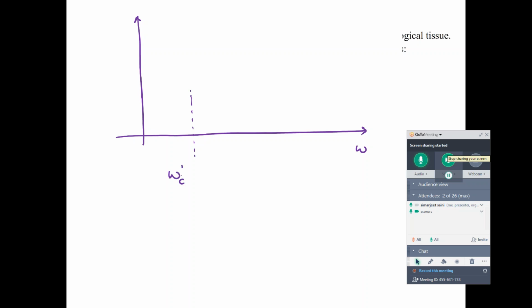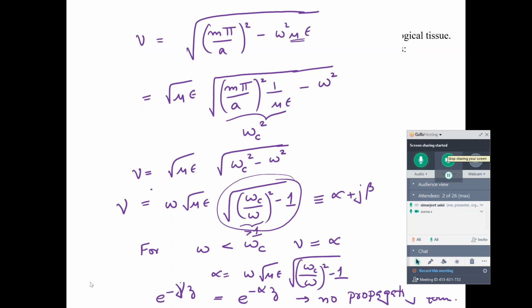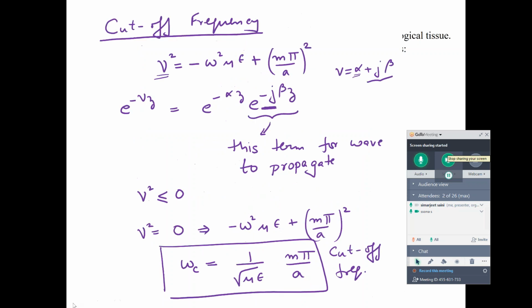So if I was plotting this with respect to ω, at ωc for the first mode when m is equal to 1, again remember, what is ωc? This cutoff frequency is going to be different for different values of m. So ωc is given by mπ/a times 1 by square root of με.